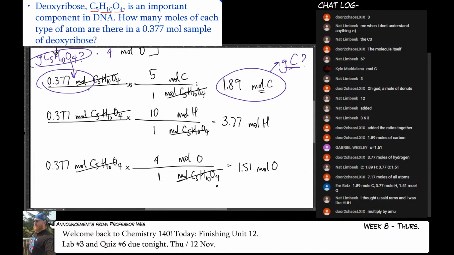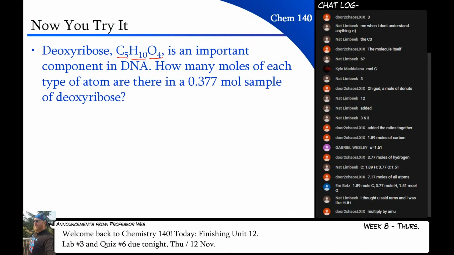And so what you're going to see here is that this mole to mole conversion is sort of the bridge between what we did on Tuesday and what we're learning about today and what we'll do in the next section. Okay, so let's move on to that and see that in practice.